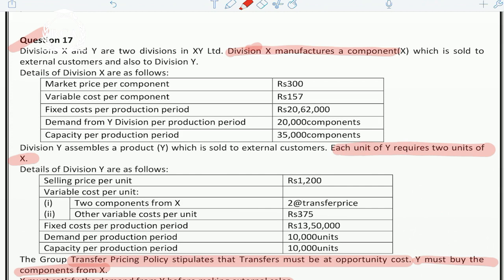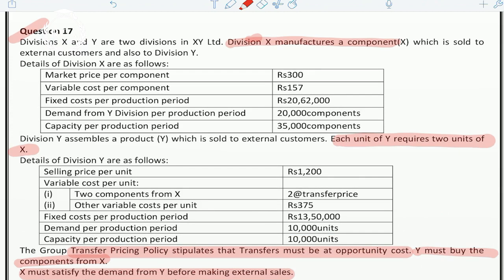Copy this, everyone. I hope you're all reading the question, or you've already read the question.